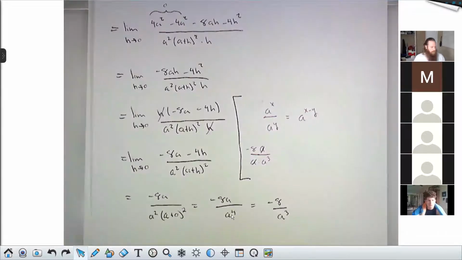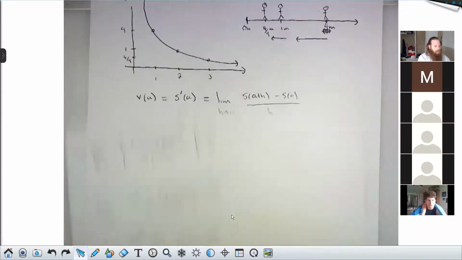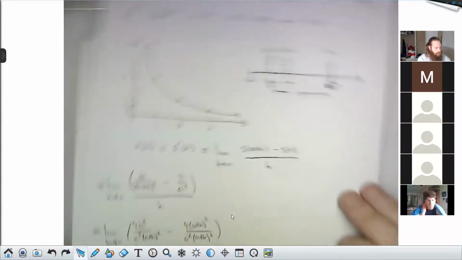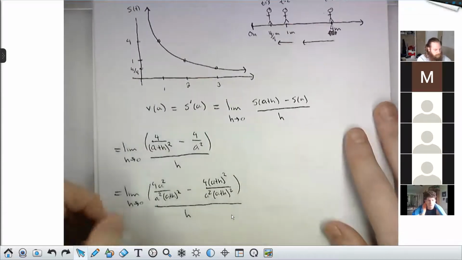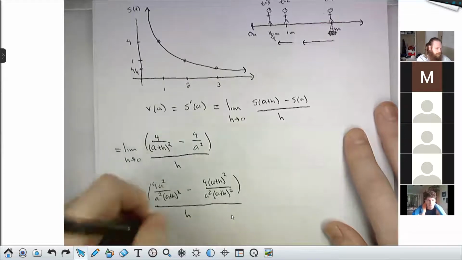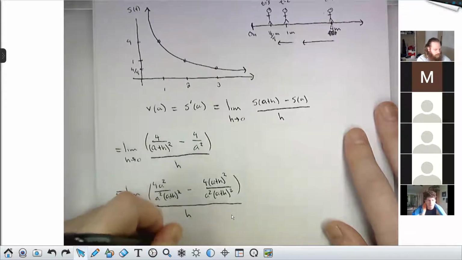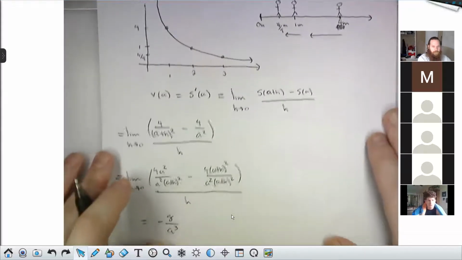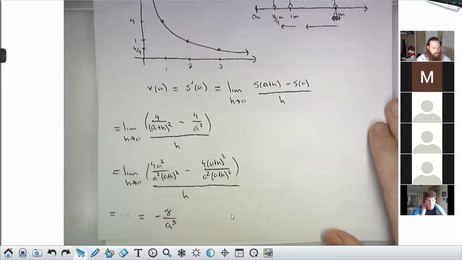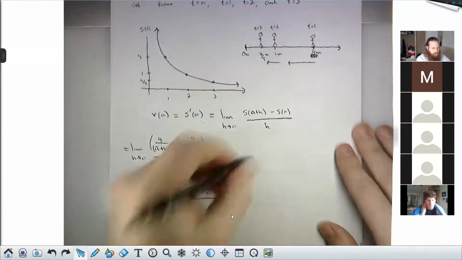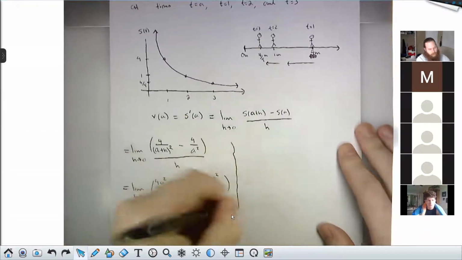All right. So having done all this work, we can come back and say, I now know what s primed of a is. S primed of a, after a fair amount of work, turns out to be negative 8 over a cubed. So I'll copy that down here. And they wanted a few specific velocities. So let me recap on the side here.